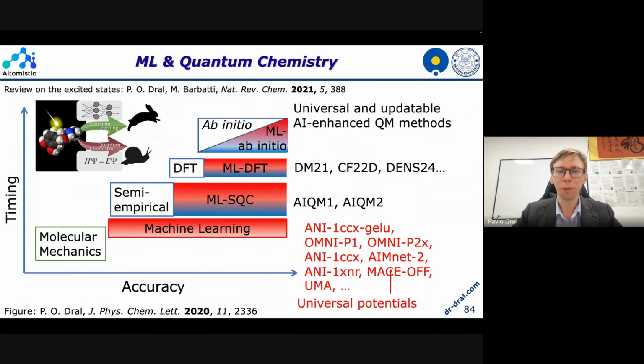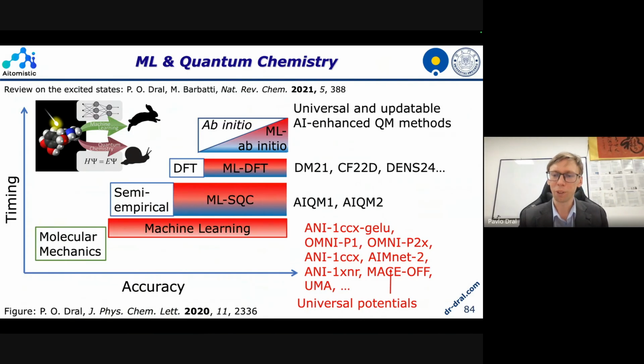But in principle, you would like not to do that. You would like to take a machine learning model and just use it, to get your answer and your dynamics. That is exactly what universal potentials research is about. You try to make them work for different molecules without training them specifically for each molecule.